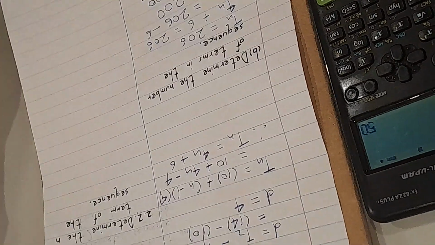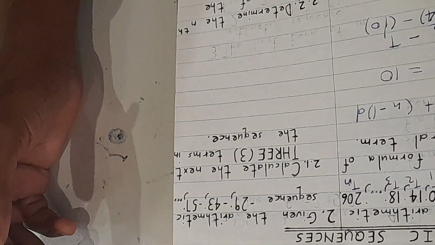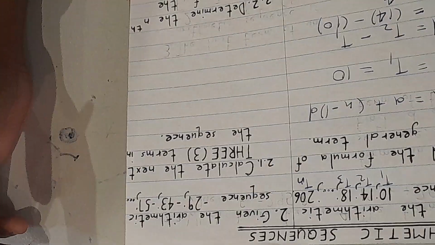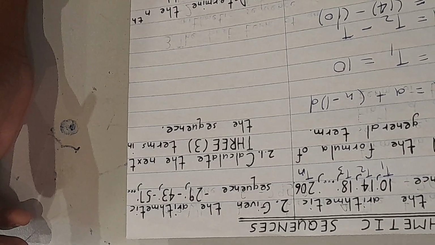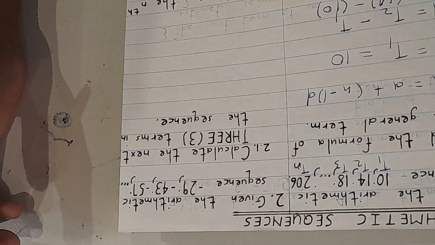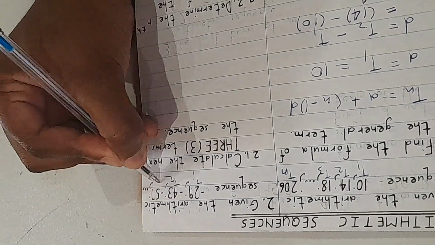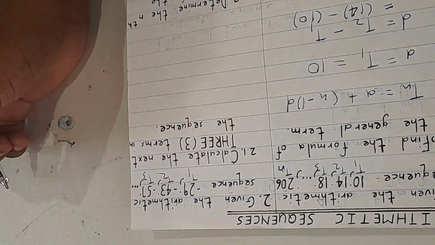Okay. Number 2 states, given the arithmetic sequence negative 29, negative 43, negative 57. 2.1 states, calculate the next 3 terms in the sequence. So as always, you label T1, T2, T3, right?